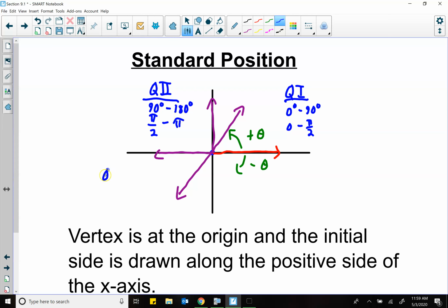Quadrant 3, this is where you have 180 degrees to 270 degrees, or pi to 3 pi over 2.